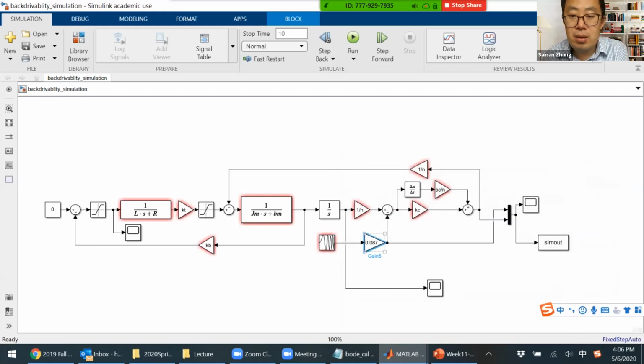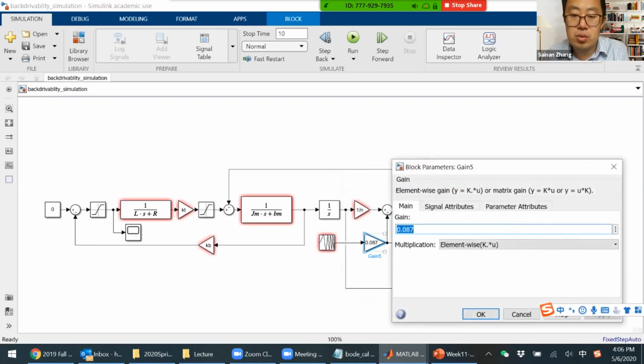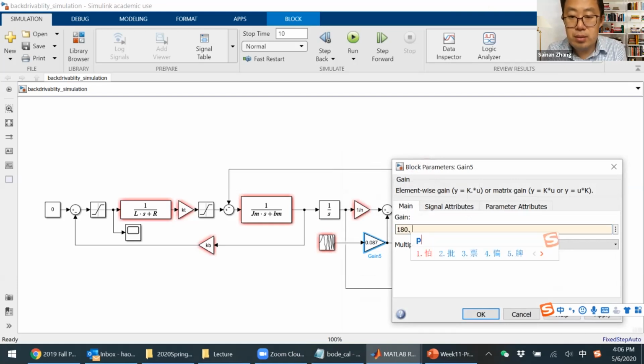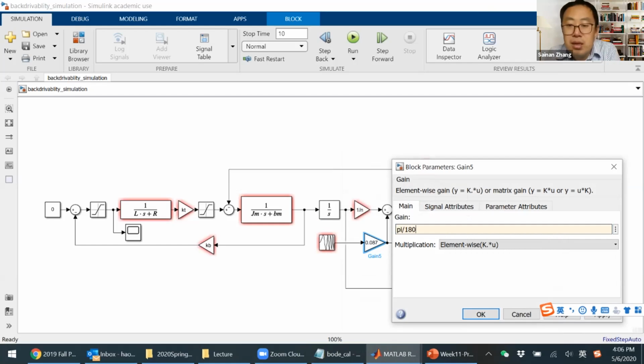But in reality, we need to convert this to radian, right? So we can just do 180 divided by pi. Sorry, pi divided by 180. Depending on what the input is.